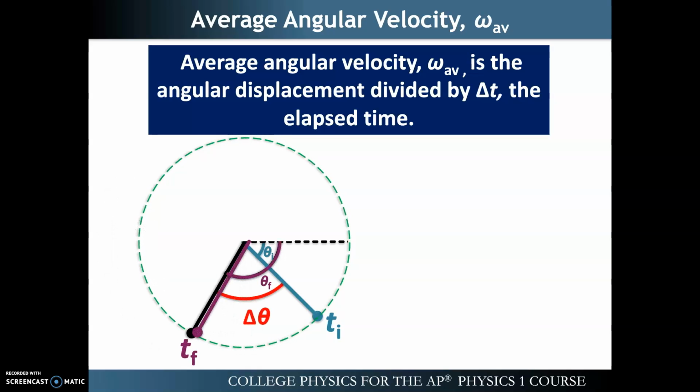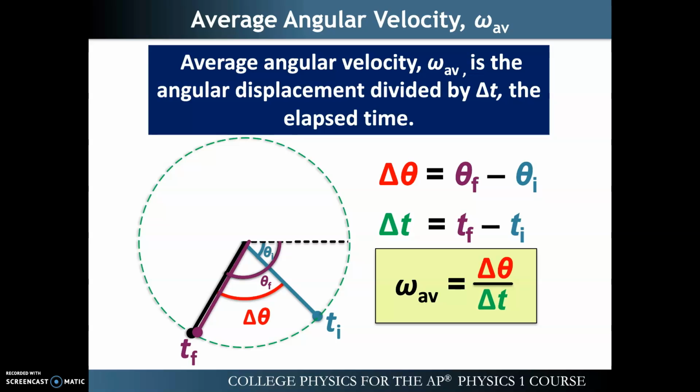Here we have that point moving and a difference in time. That change in angle divided by that change in time will give you the average angular velocity.